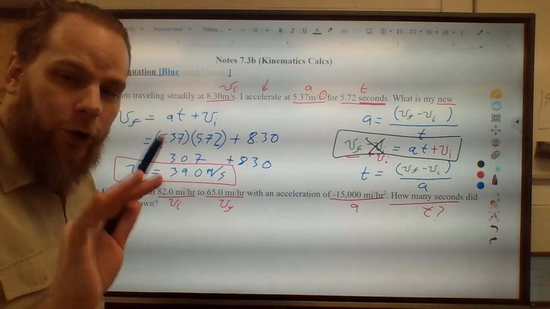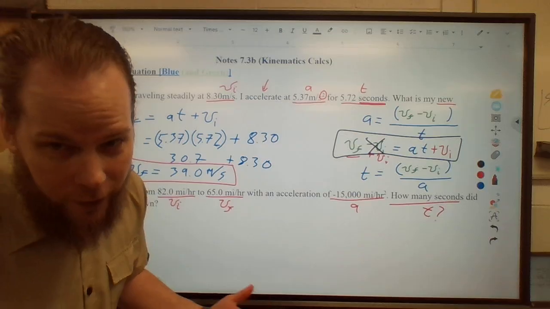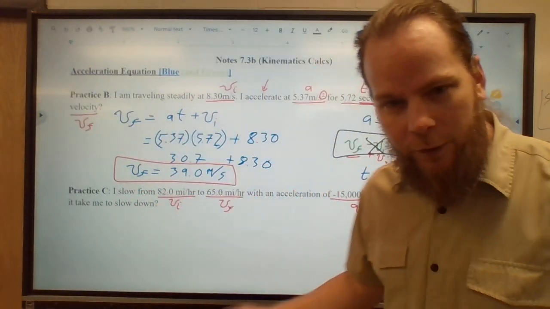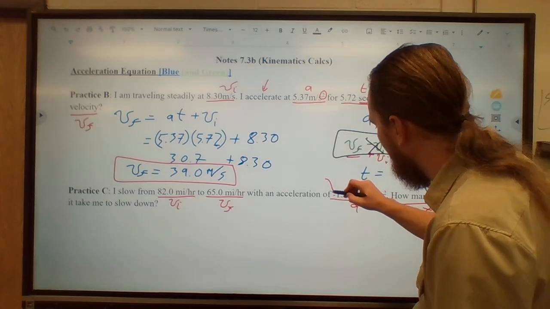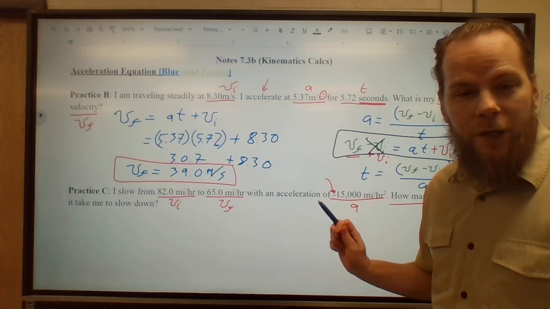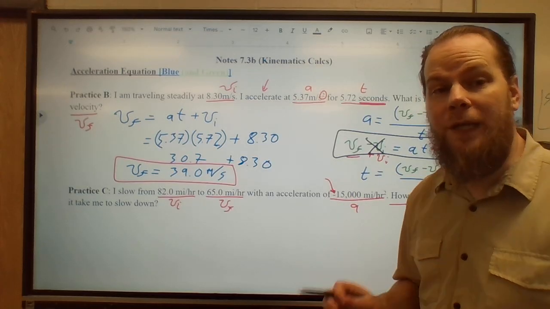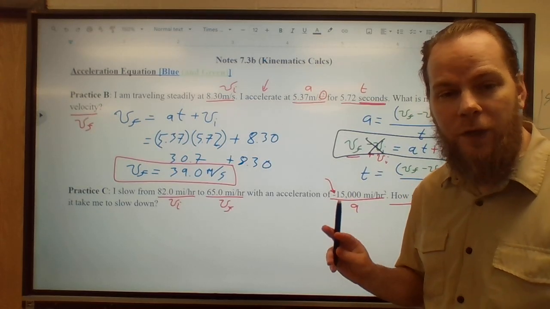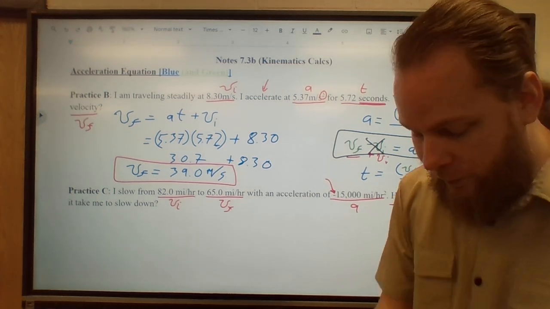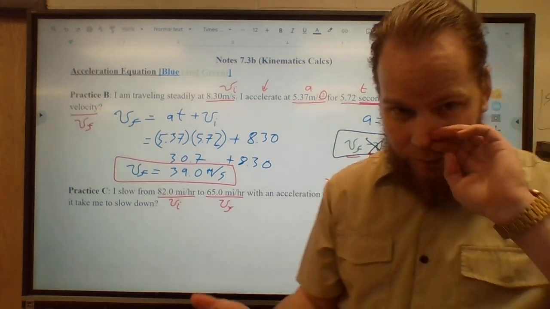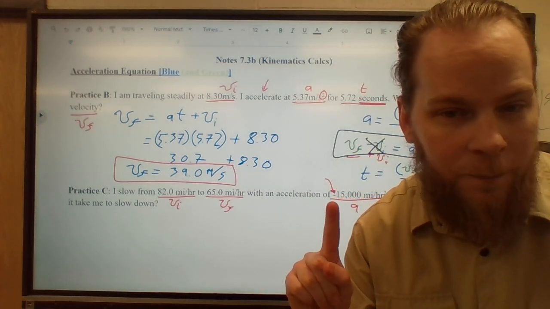Okay, now, before you start doing your calculations, I trust that you can figure out which equation you need. That's pretty easy. Before you start doing your calculations, I want to say this negative sign is really important. If you don't include that in your calculations, you will not get the right answer. That negative sign means I'm slowing down. And you have to know how to enter that on your calculator. So I'm going to show you the button you have to hit to put that specific negative sign in.